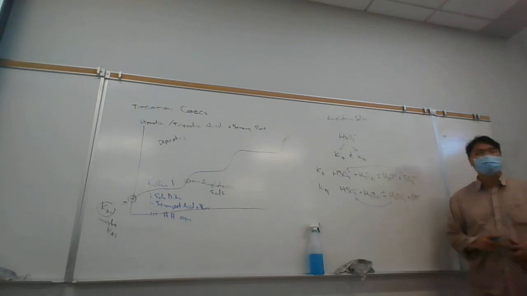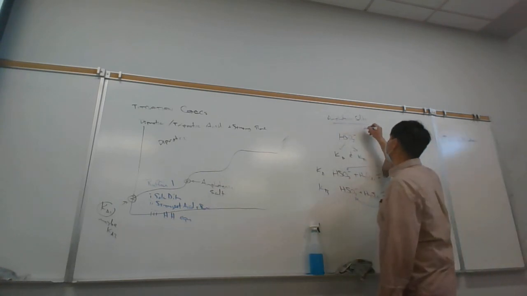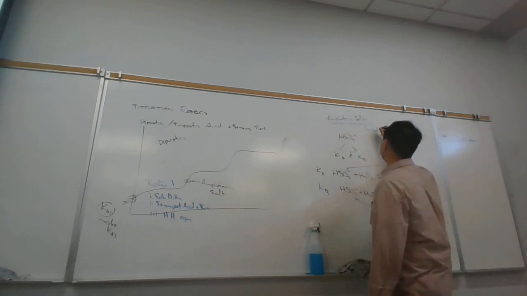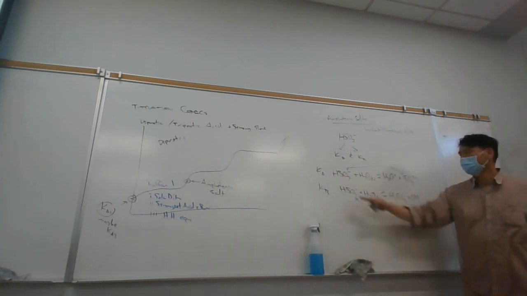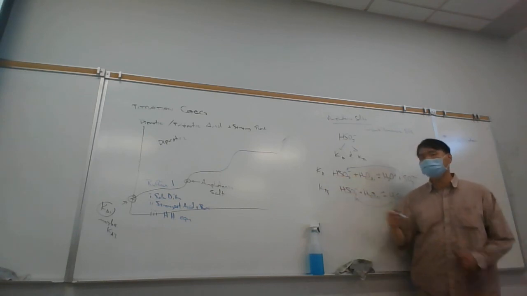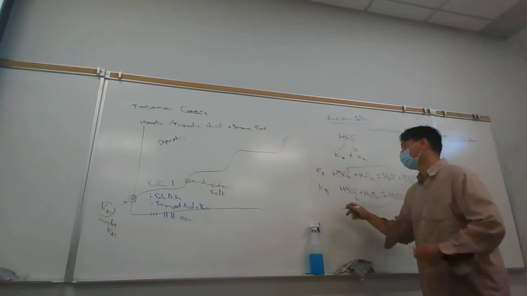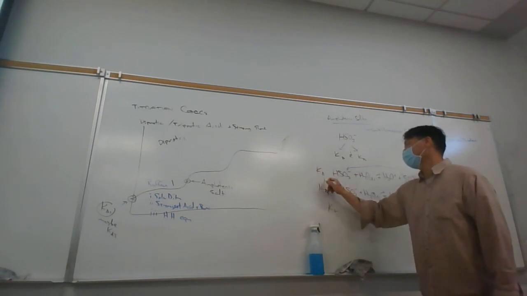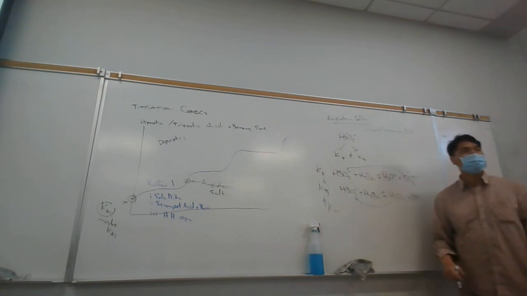I have to do this simultaneously. So amphoteric salts require simultaneous equilibrium, because I have to have Ka and Kb, and they're going to be tied together by Kw. And so it's Ka and Kb and Kw simultaneous.